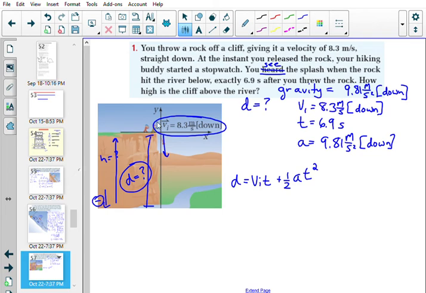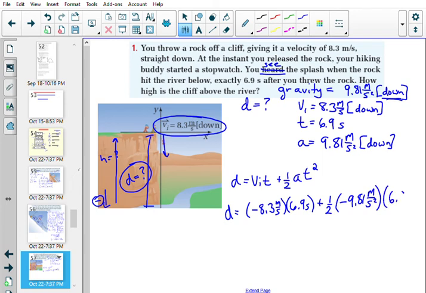So my distance is, my VI is going to be negative 8.3 meters per second. My time is going to be 6.9 seconds plus 1/2. My acceleration is also down, so you're going to put in negative 9.81 meters per second squared times the time squared, 6.9 seconds squared.